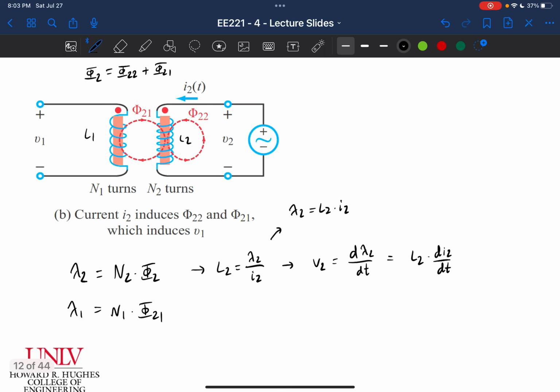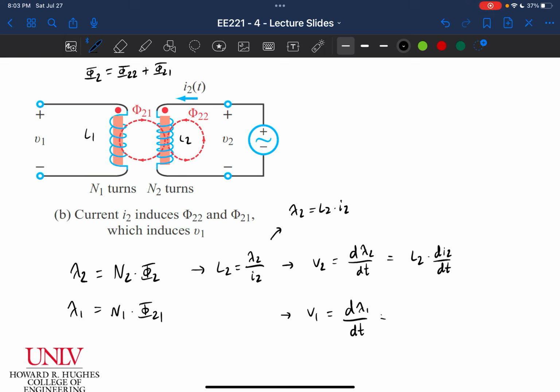Similarly, we have an open circuit here on the V1 side, so there can be no current flowing through L1, so it doesn't make sense to write L1 in terms of I1 here because I1 is 0. So instead, we should start by writing V1 is equal to the rate of change of the magnetic flux linkage lambda 1 with respect to time.